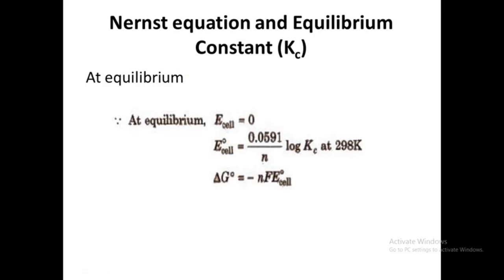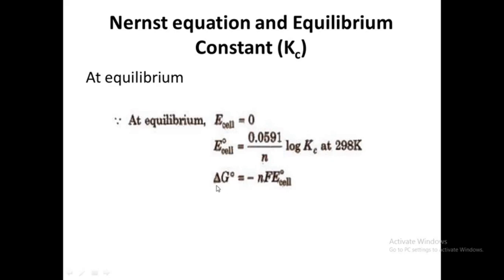And then this equation gives the relationship between Gibbs free energy and the standard EMF of the cell, hence delta G naught equals minus NF E naught cell.